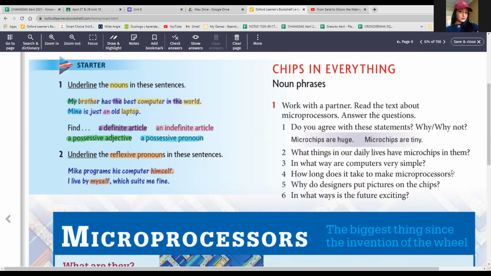I didn't understand the question. Okay. In what ways are computers very simple? What ways can we consider a computer something simple? In what way means de que forma, okay? So in what ways are computers very simple?